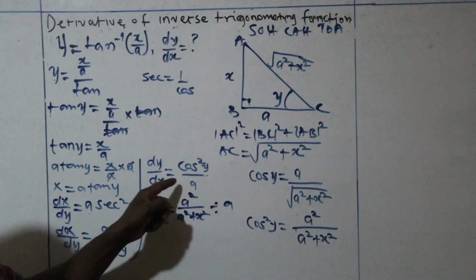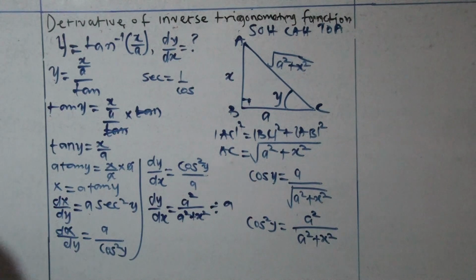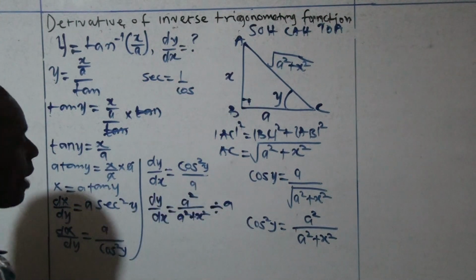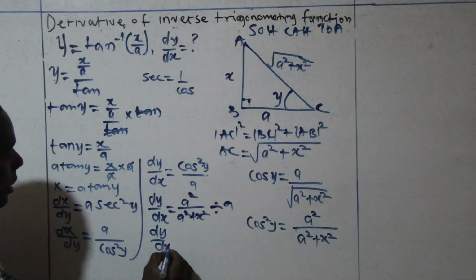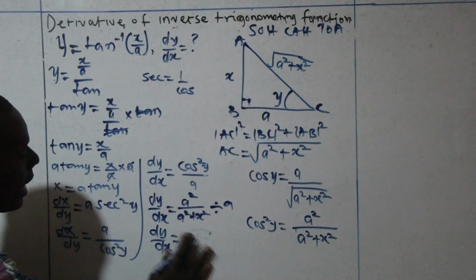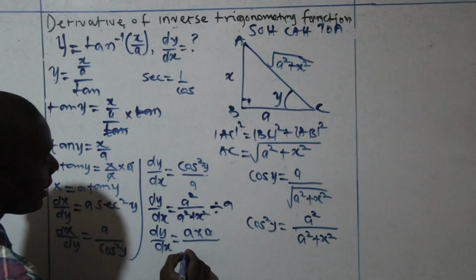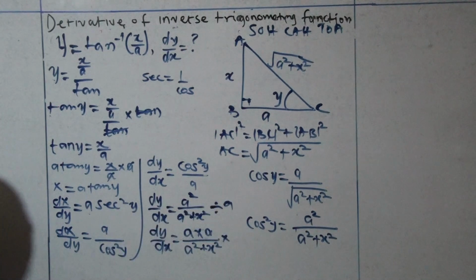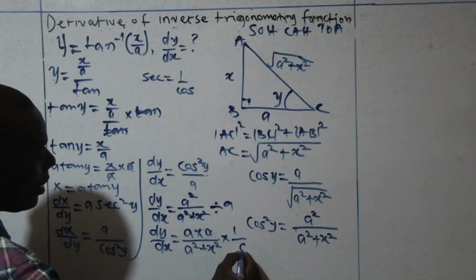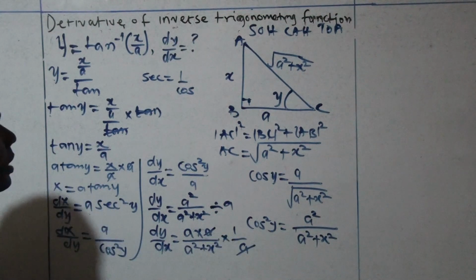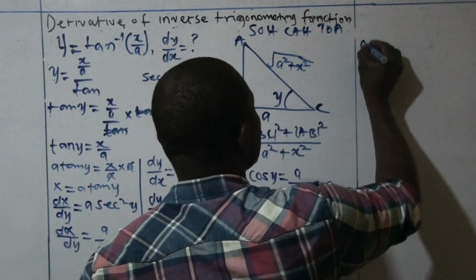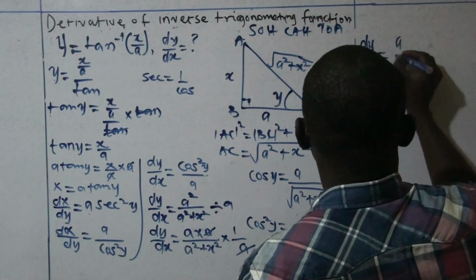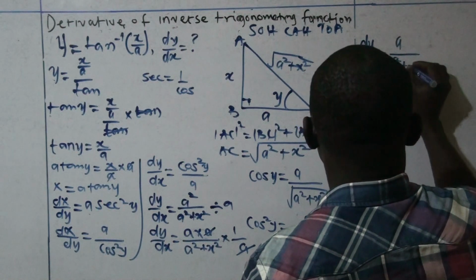So we simplify this operation further by saying that dy dx is equal to a times a divided by a squared plus x squared, times, we change the operation sign to multiplication, then we invert, so this becomes 1 over a. 1 a goes with 1 a here, and what is left in this expression is a divided by a squared plus x squared.